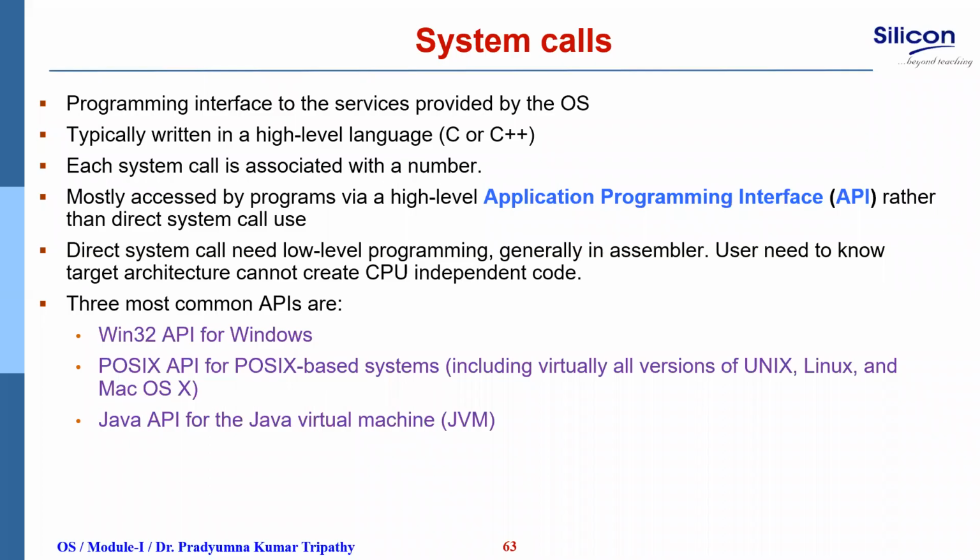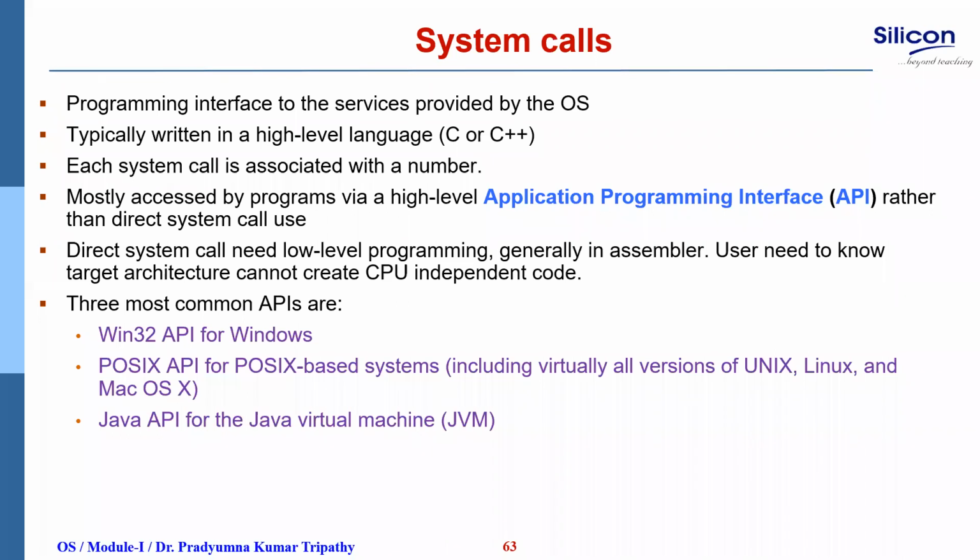But I want to run the code across other machines as well. In that case I want my code to be CPU independent, not dependent on the architecture. So I will take the help of the API, which will run over there and convert your code to suit the machine on which it is running.